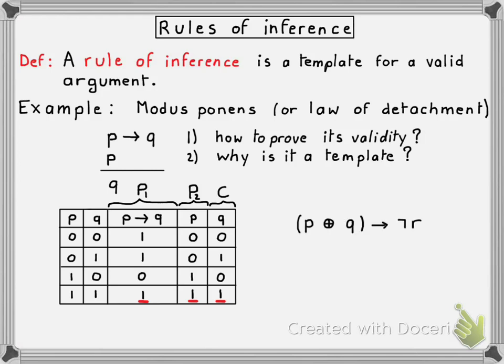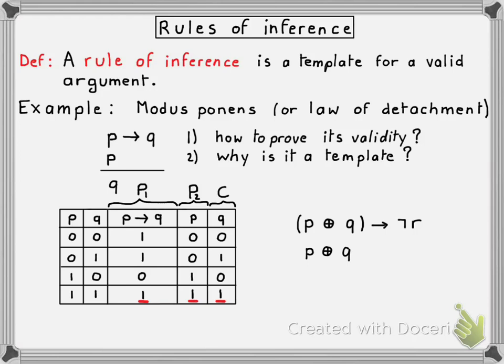Let's say we know that the following proposition is true, namely P exclusive or Q implies not R. And we also happen to know that P exclusive or Q is true. And now we can recognize in these two propositions the premises for modus ponens.